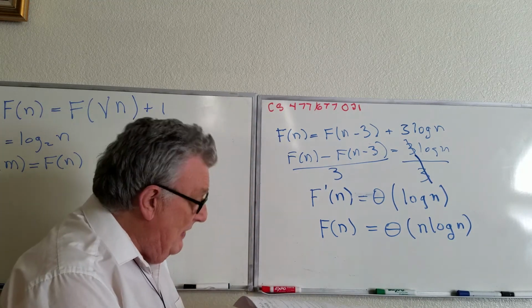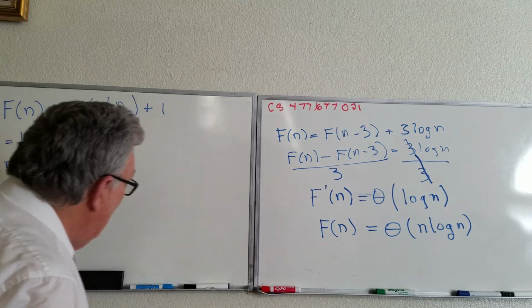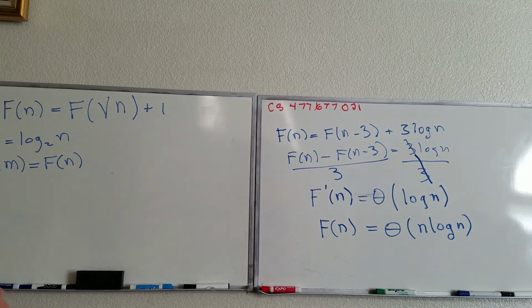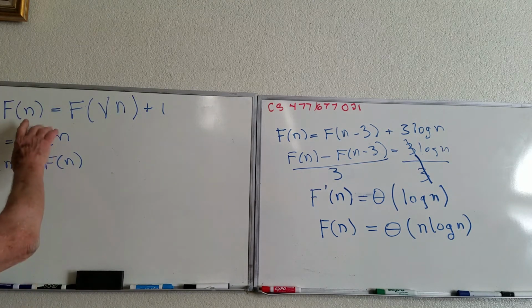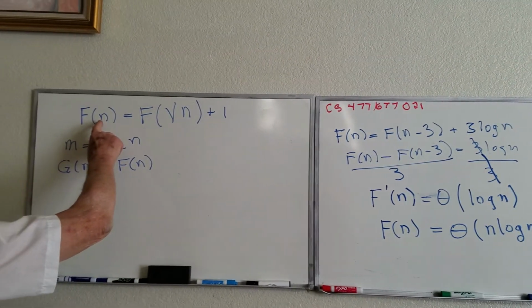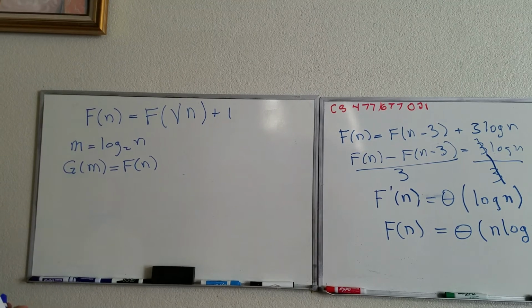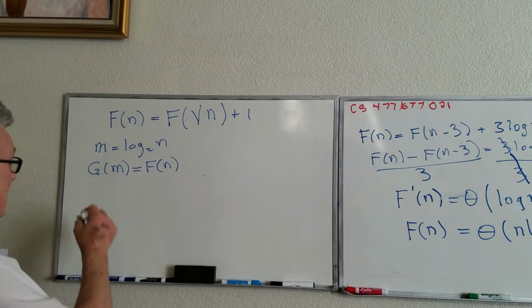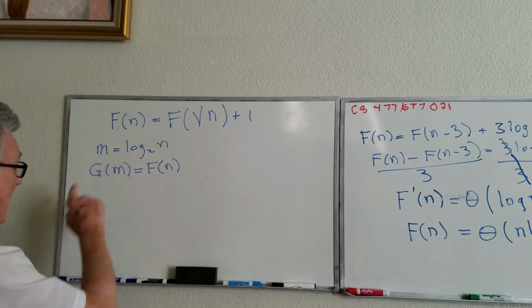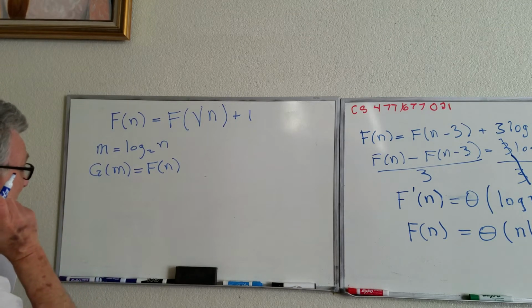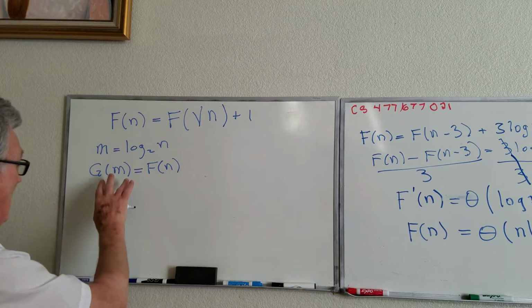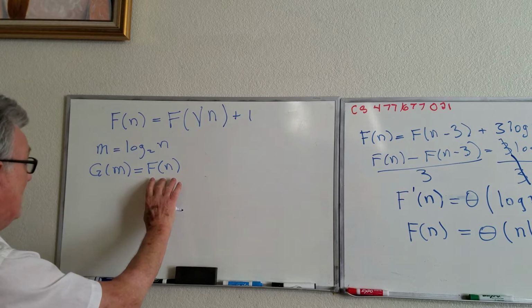All right, now let's look at the second problem here, which is considerably harder. We're going to do a substitution here. F of n is f of the square root of n plus 1. Now, I told you what to do. Let m equal base 2 logarithm of n. And so, therefore, we want g of m to be f of n.